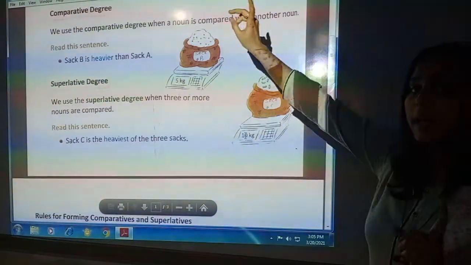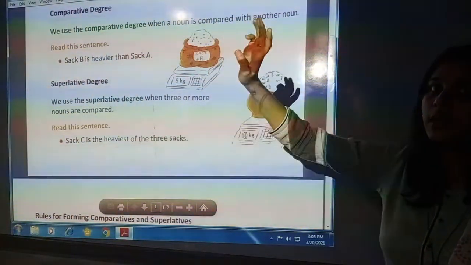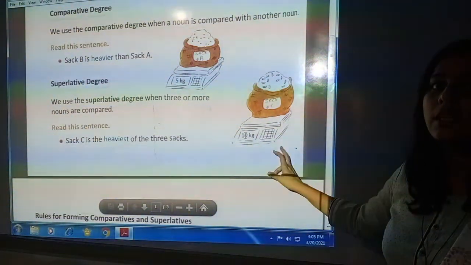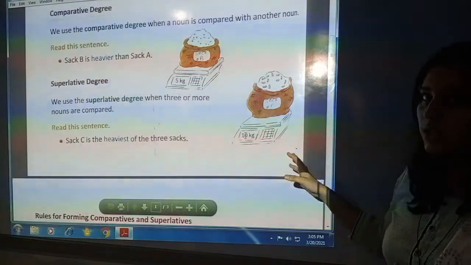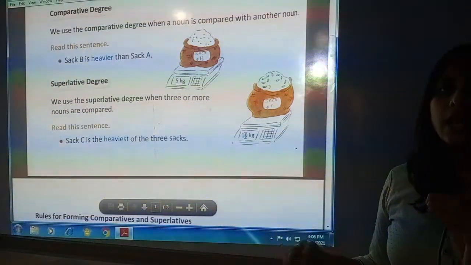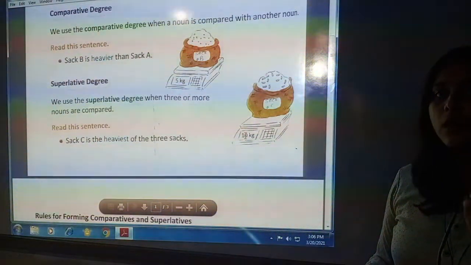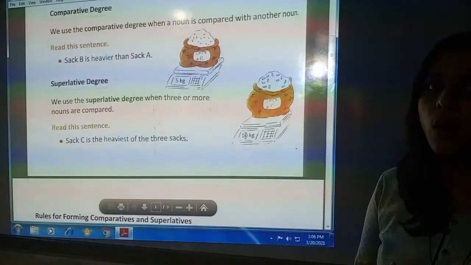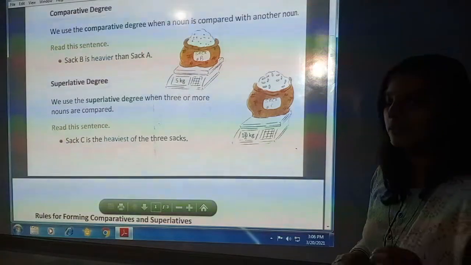Sack A is of 3 kg, sack B is of 5 kg and sack C is of 10 kgs. That means it is having the most weight. That is why it is the heaviest sack of all three sacks.